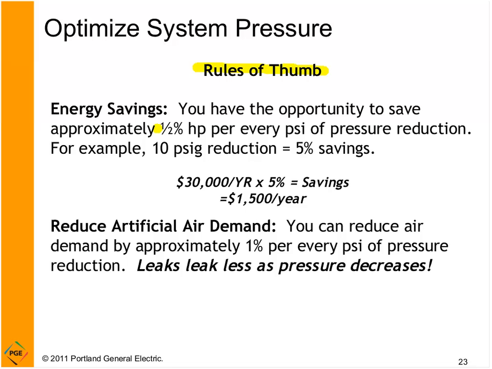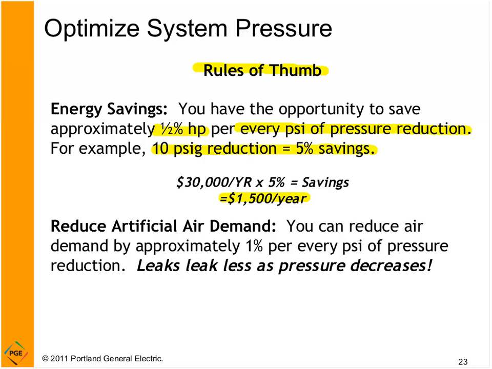For every PSI that I reduce my system pressure, I can save about a half a horsepower. Okay? 10 PSI reduction, 5% savings. That would amount to $1,500 a year on our original 100 horsepower, $30,000 a year job. I could drop off 5% just by lowering it.